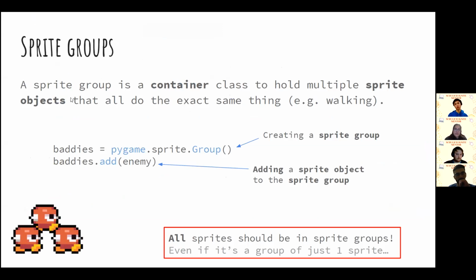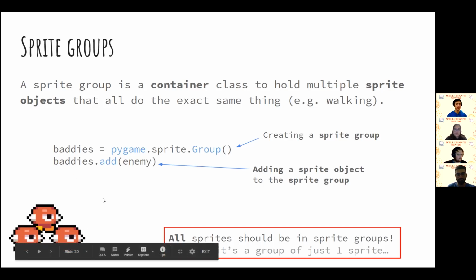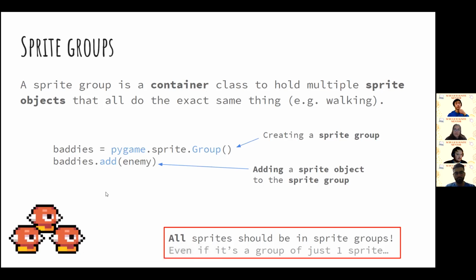So we've got sprite groups, and they're containers that hold things, specifically your sprites. You could think of it basically as a list. That's basically how it works under the hood, but they added a couple extra complicated things in there to make it work well. And with a group, you can get a bunch of baddies walking around the screen like that. So we are going to create ourselves a group for our fairy.